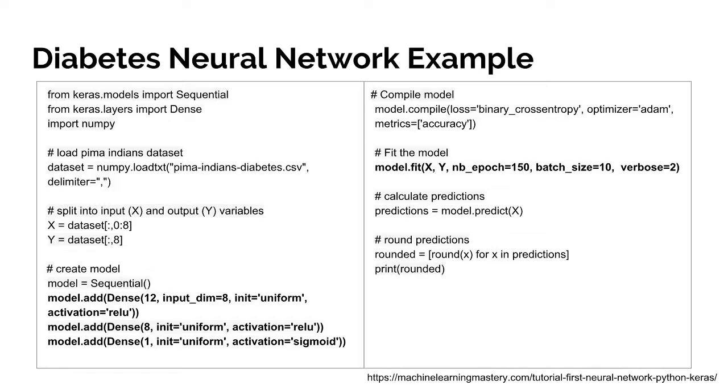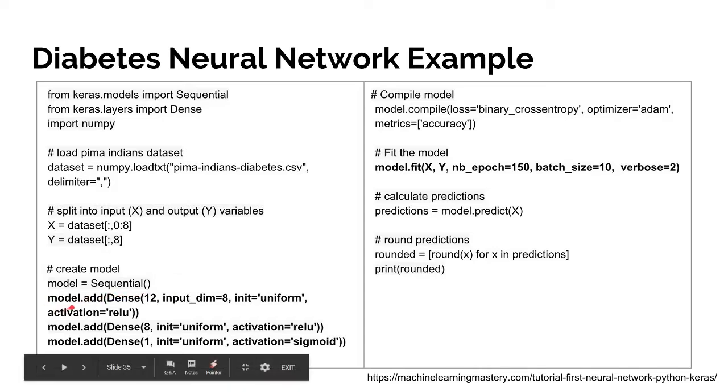Basically, it's what you would expect from a neural network that I've described to you. So don't worry too hard about what sequential means or what all the other alternatives are. Here, every time we call model add, we're adding a new layer to our neural network.